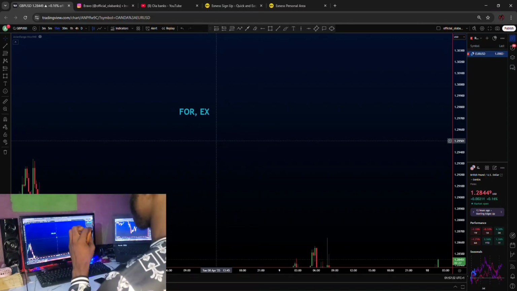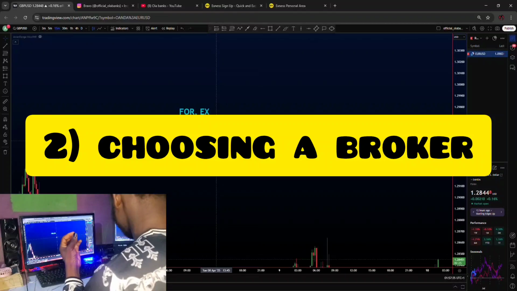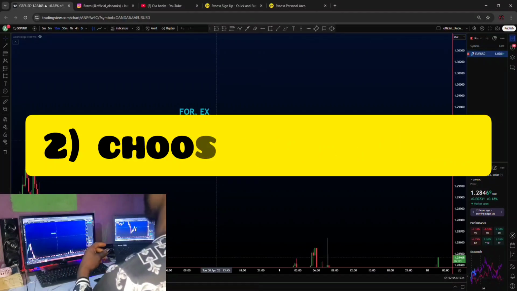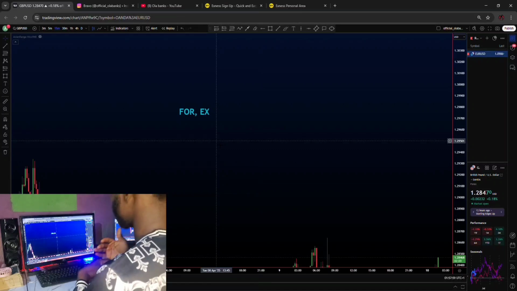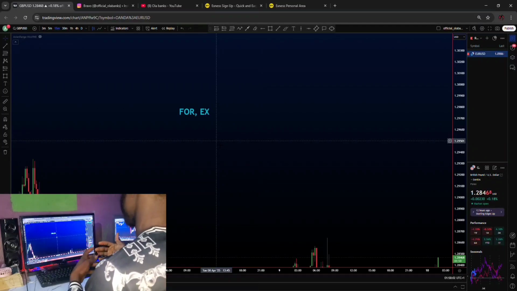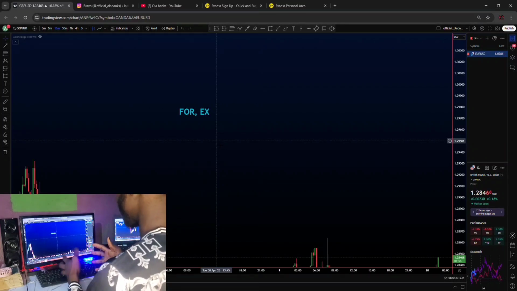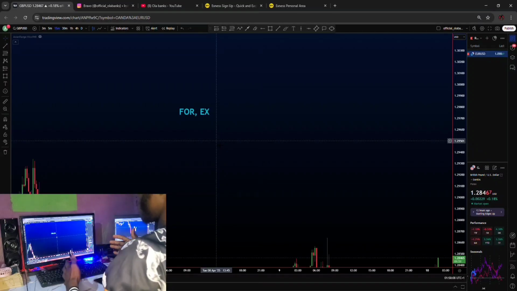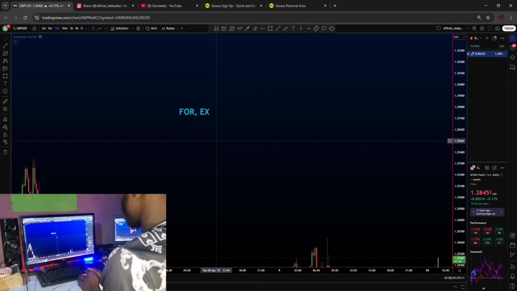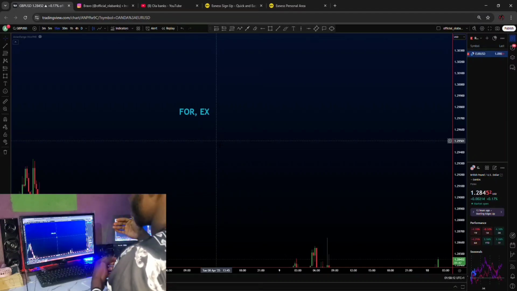Now on our number 2 here is choosing a forex broker. So a broker is just like a company where we fund our money, and they are just like a middleman between we, the traders, the retail traders, and the market.